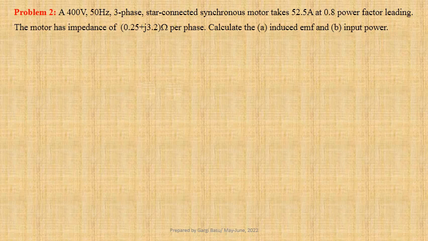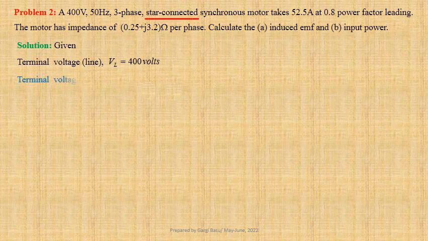Let us first write down the given data. Line to line terminal voltage VL equals 400 volts. Since the armature winding is star connected, terminal voltage per phase Et equals VL by root 3, that is equal to 400 divided by root 3, that gives us 230.9401 volt.